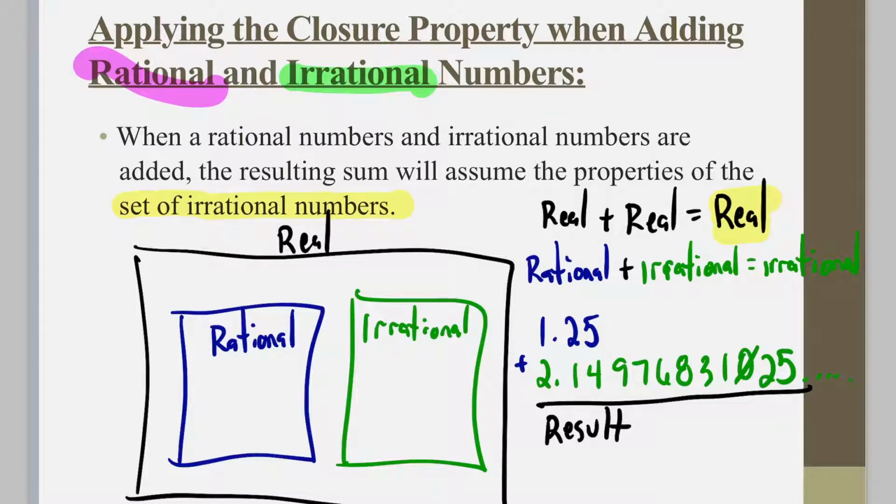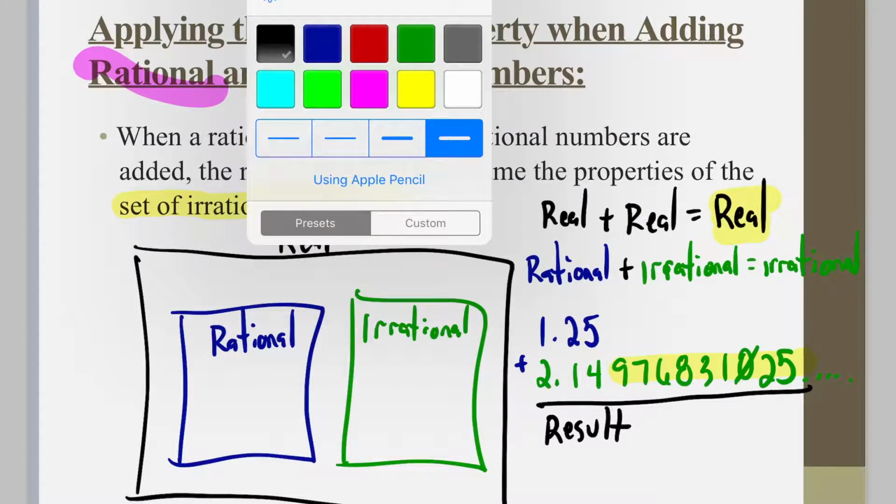Is there ever an instance where that could occur? And the answer is no, because all of these numbers are going to also be contained in the result.